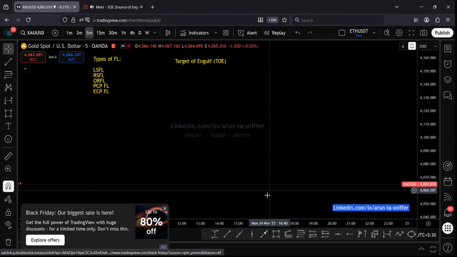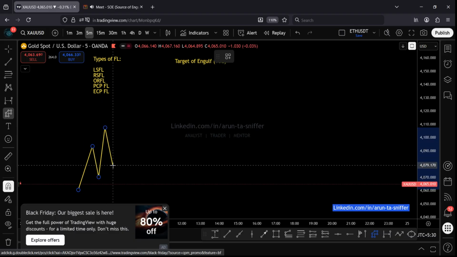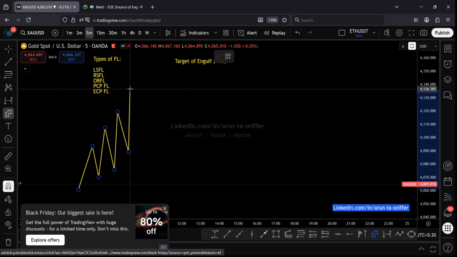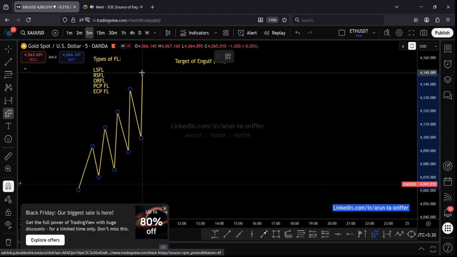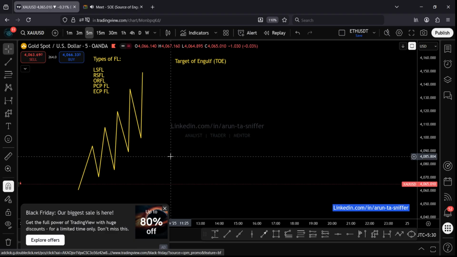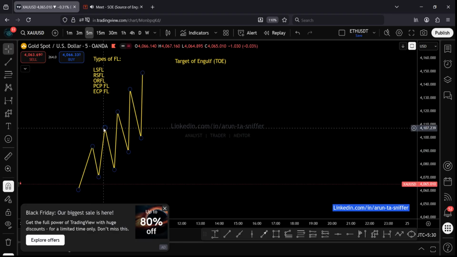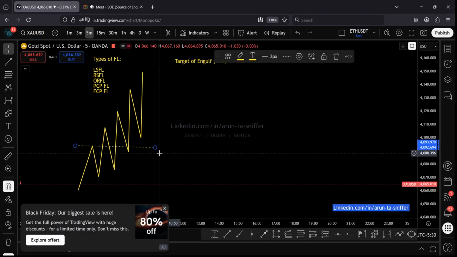Think like we have price going up, comes down, goes up, comes down, goes up, comes down, goes up. So in this case, what will happen in compression? Our LS will be these levels.